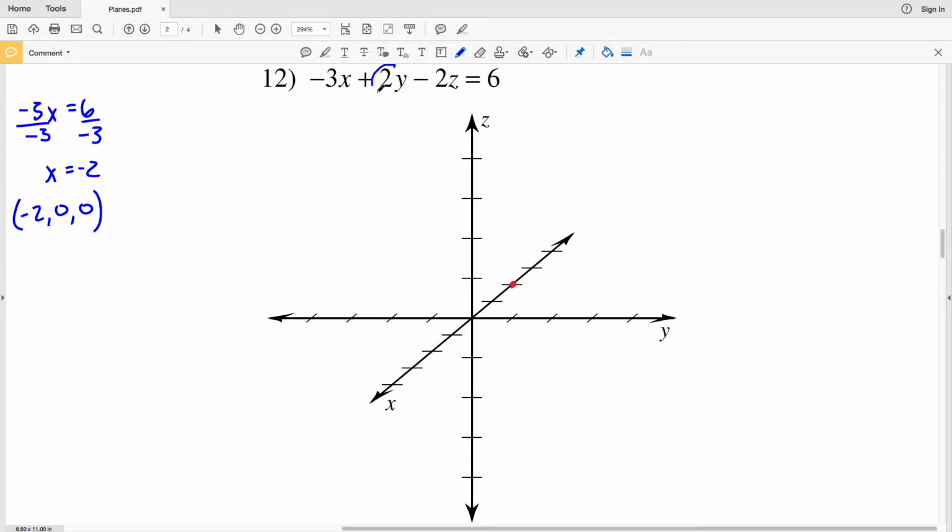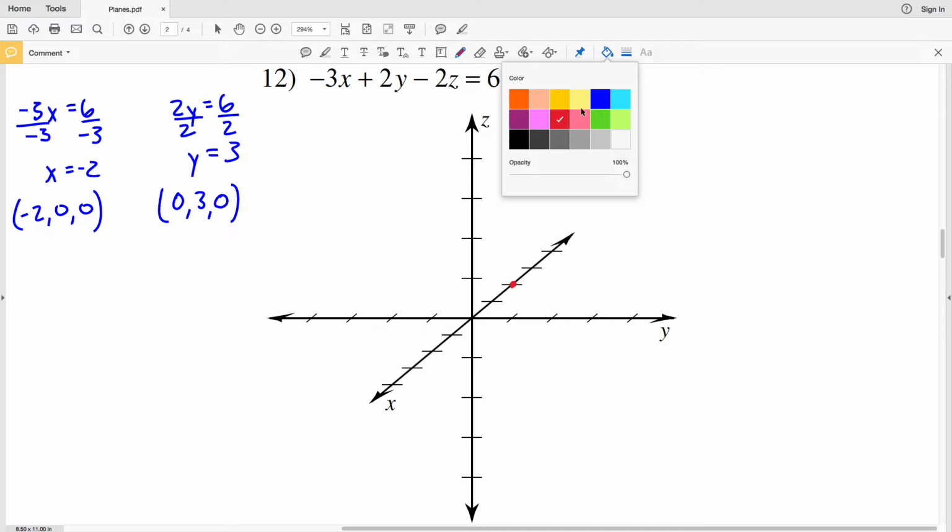Now for my y-intercept, that occurs at 2y equals 6. So when 2y equals 6, that y value for my y-intercept will be 3, because 6 divided by 2 is 3. So I'll have 0, positive 3, 0 for my y-intercept, which is 3 to the right.